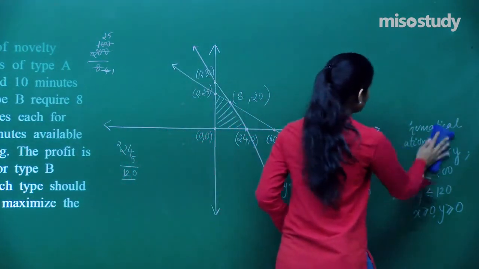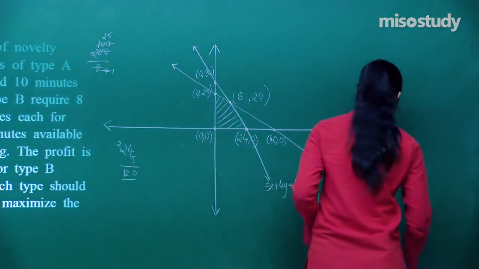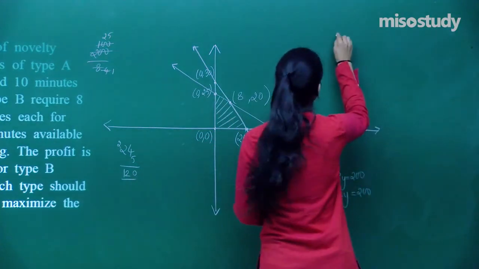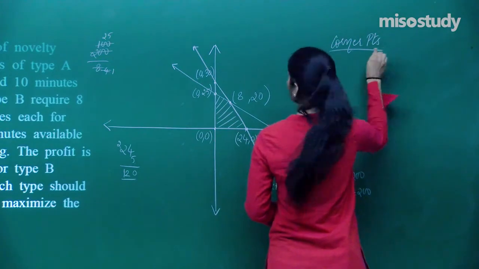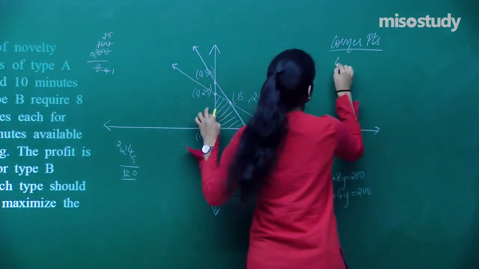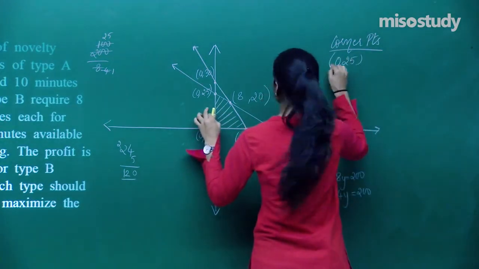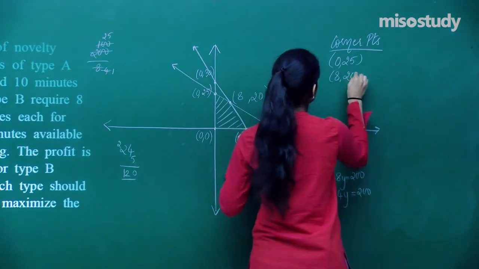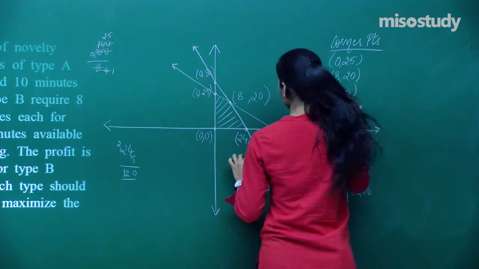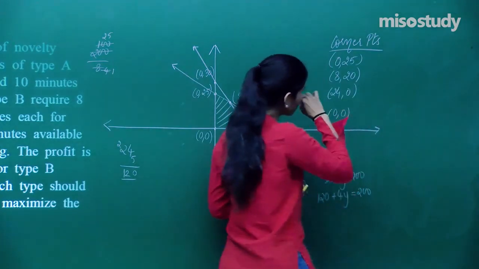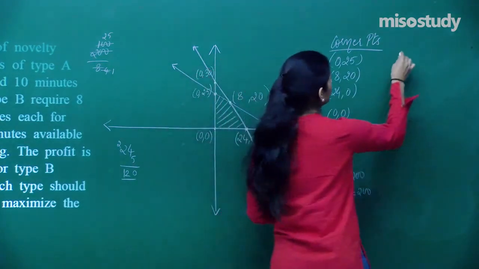The moment I am through with the corner points, I am not far away from finding the maximum profit. Corner points are 0, 25; 8, 20; then 24, 0; and obviously 0, 0 is not going to give me anything, but okay, that's a corner point.